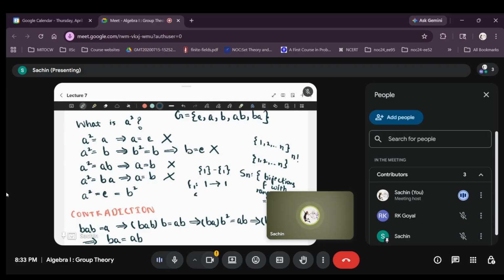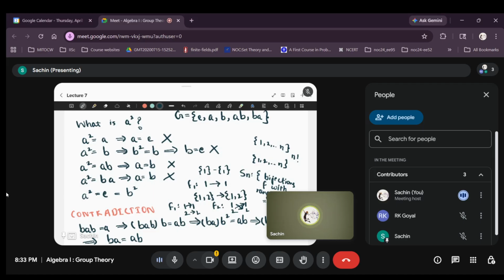Then in the case of n is equal to 2, you have bijections from the set 1, 2 to the set 1, 2. Here you can have two different bijections. The first bijection is the identity. It sends 1 to 1 and 2 to 2. The second bijection is called the transposition, which sends 1 to 2 and 2 to 1.